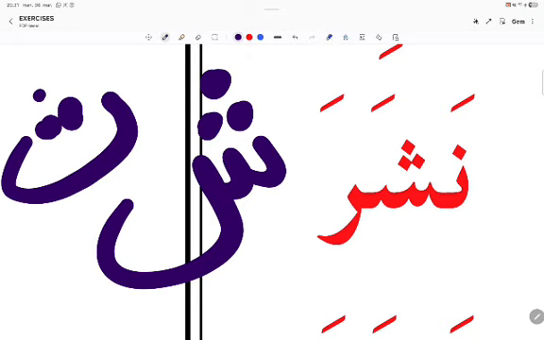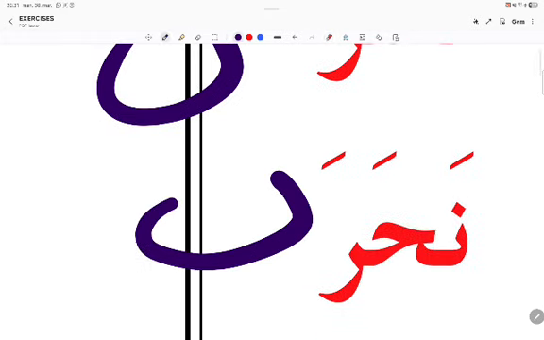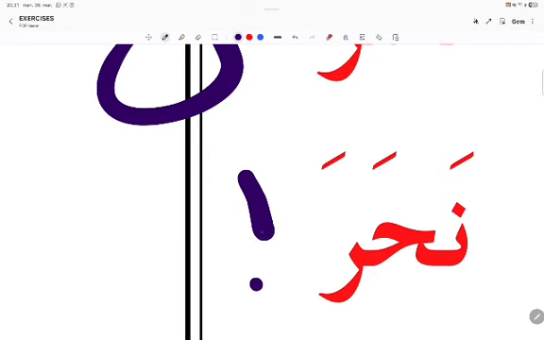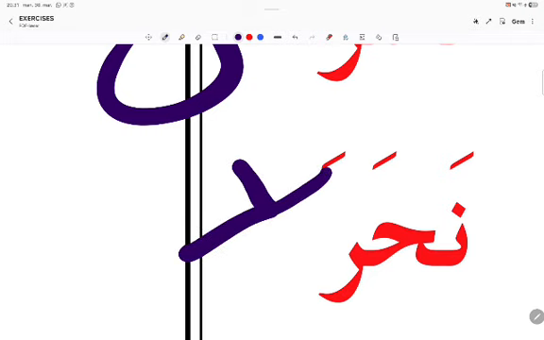How many teeth? Let's say every one of these tacks is a teeth. How many teeth do you see here? 1, 2. Here you see 1, 2, 3. So when we write it together, we know that in Ba and Tha and Ta, you will only be able to see one tack in the middle.